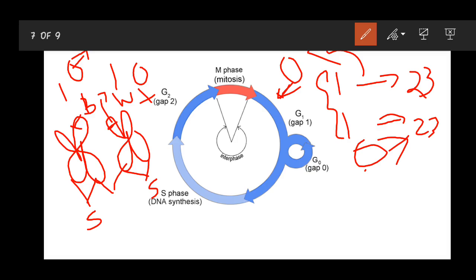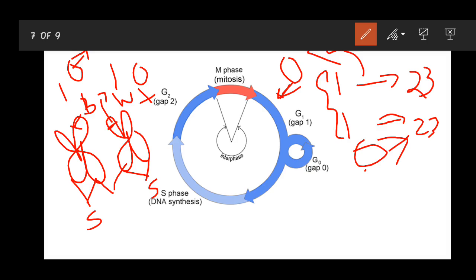The similarity between non-sister chromatids is that they will have the same gene order. Gene order, as I said earlier, means if you have a hair color gene at this position, the non-sister chromatid will also have the hair color gene at the same position. But the type of hair color will be different.